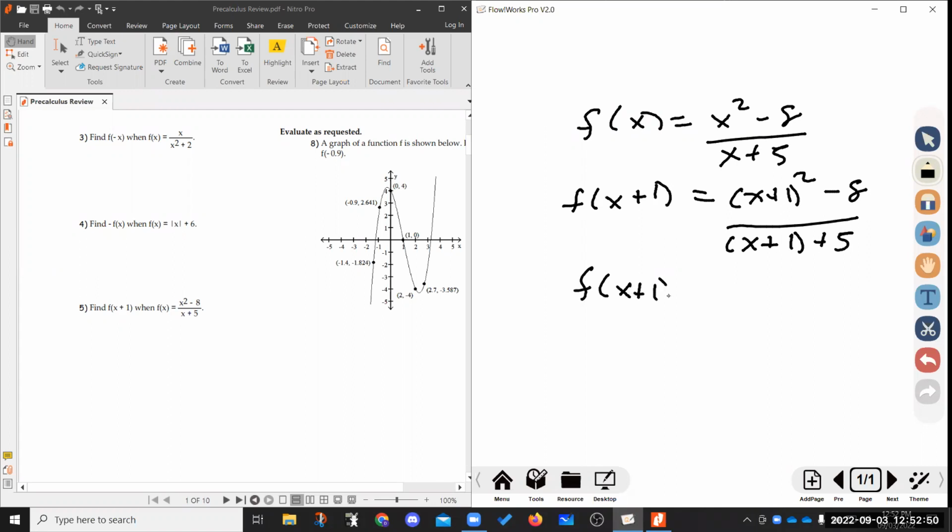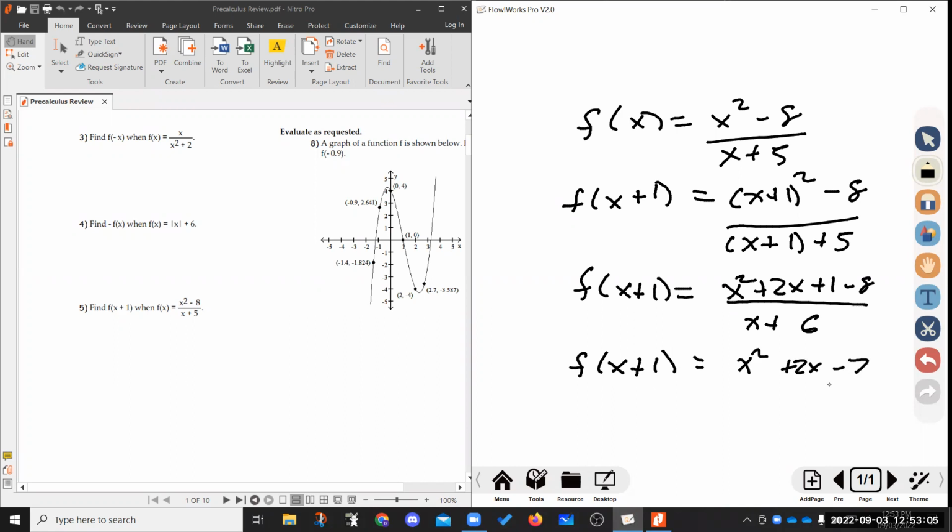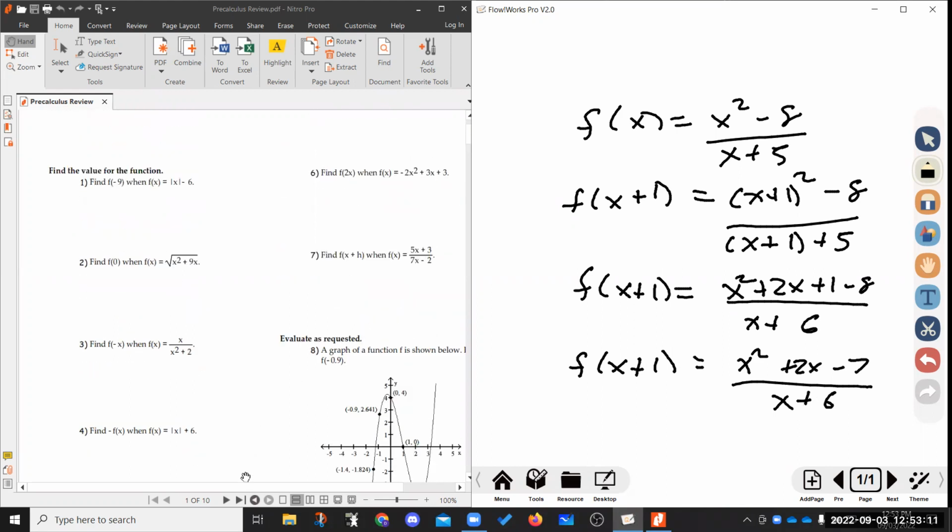F of x plus 1 is going to be x squared plus 2x plus 1 minus 8 over x plus 6, which is x squared plus 2x minus 7 over x plus 6.